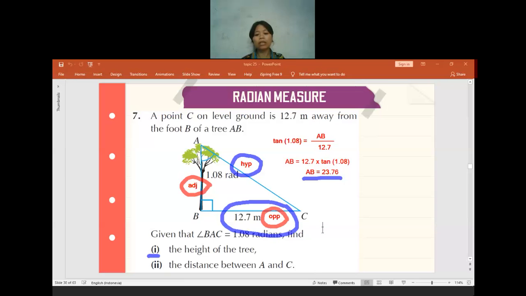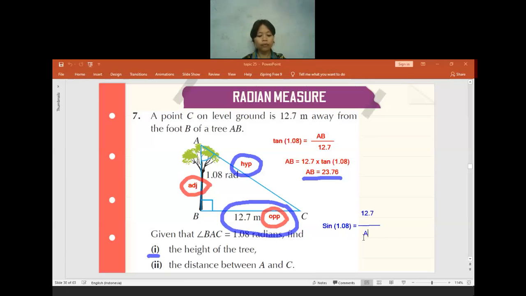Sine 1.08 radian will be how many? Sine 1.08 equals 12.7 divided by AC.